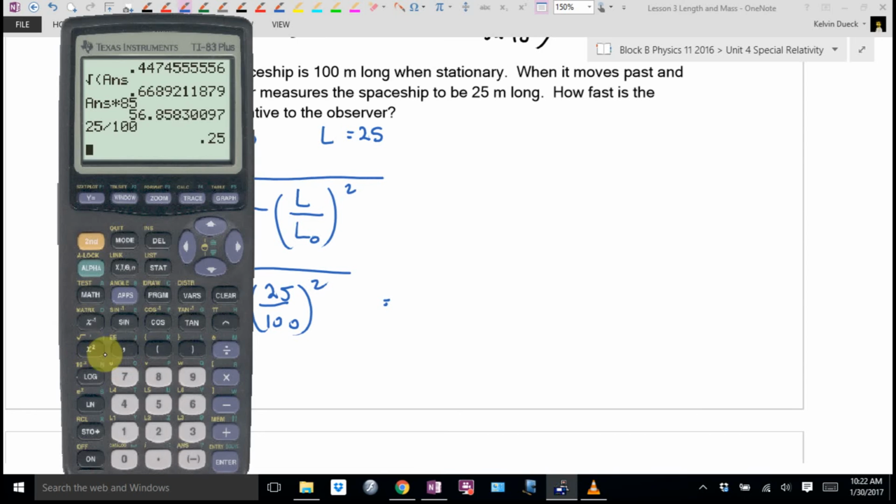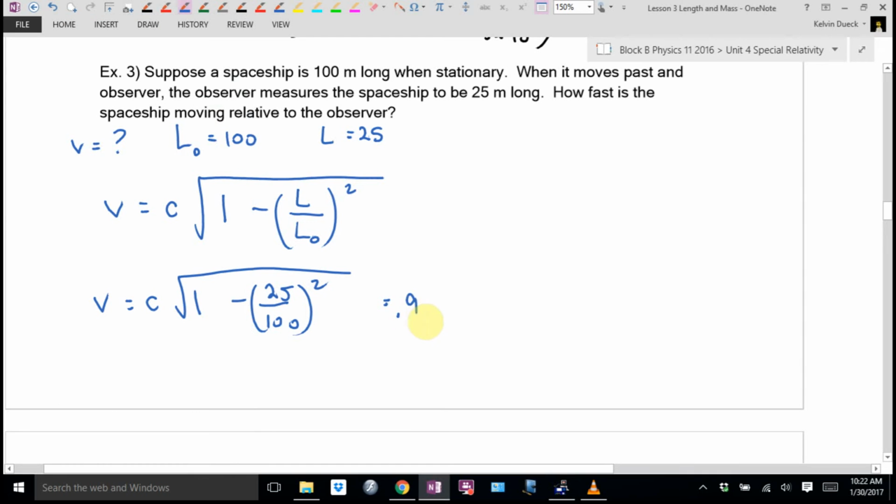Squared. 1 minus that. Square root of that. And I get 0.9682, 0.9682c.